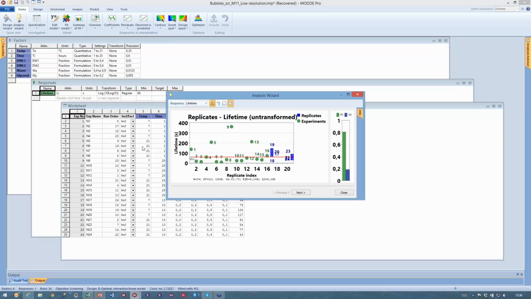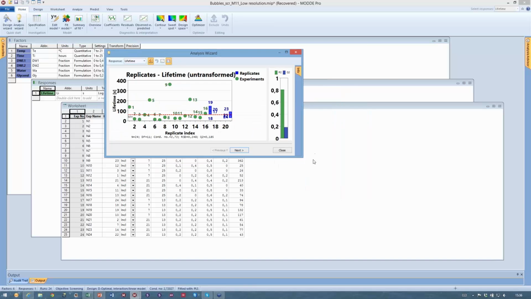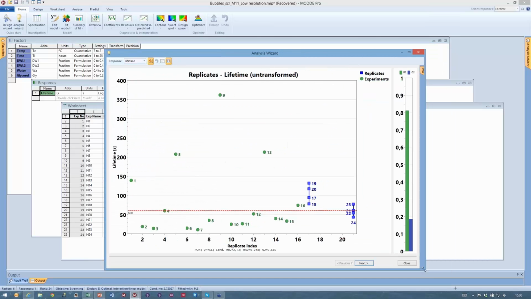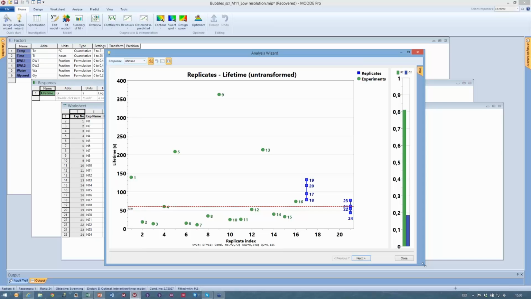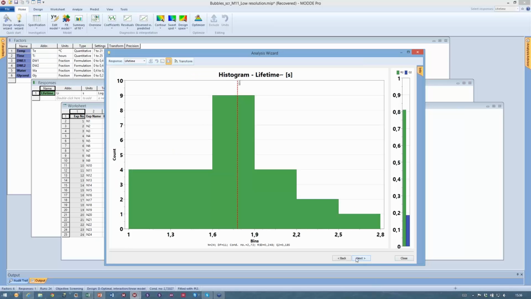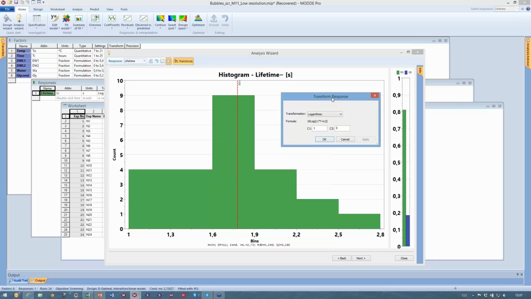We start the analysis wizard, and again we have the same sort of workflow or order of plots as we had in the previous rocket propellant example. So first we have the replicate plot, and here we have the histogram plot of the lifetime, and it is now logarithmically transformed. I can actually just show you by clicking on the transform button what the histogram looks like by removing the transformation.